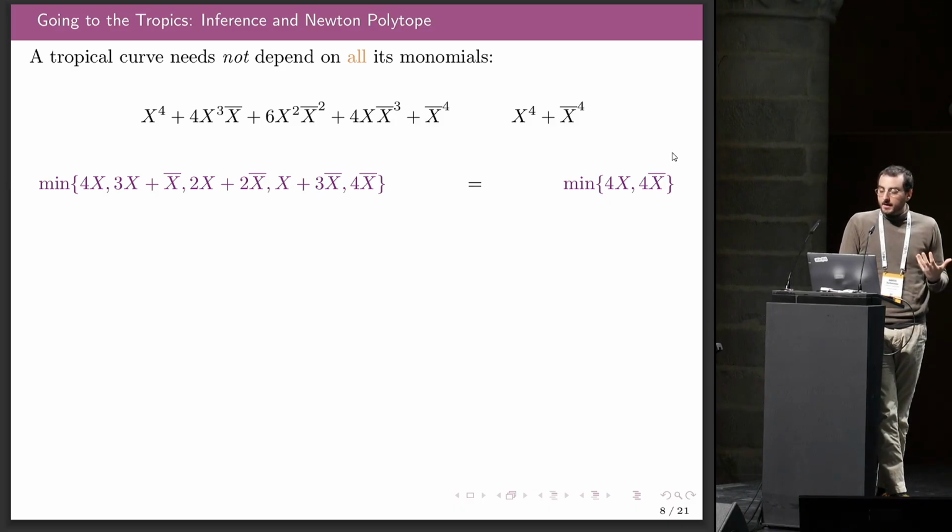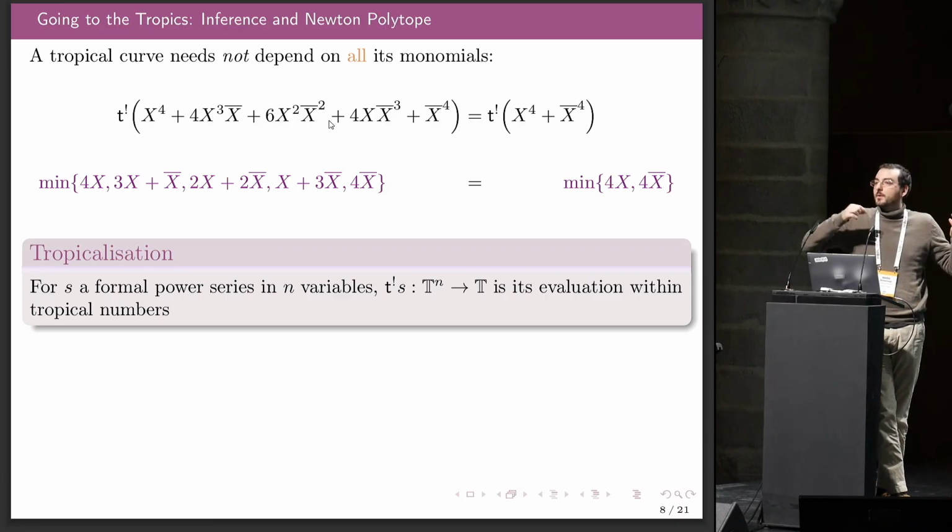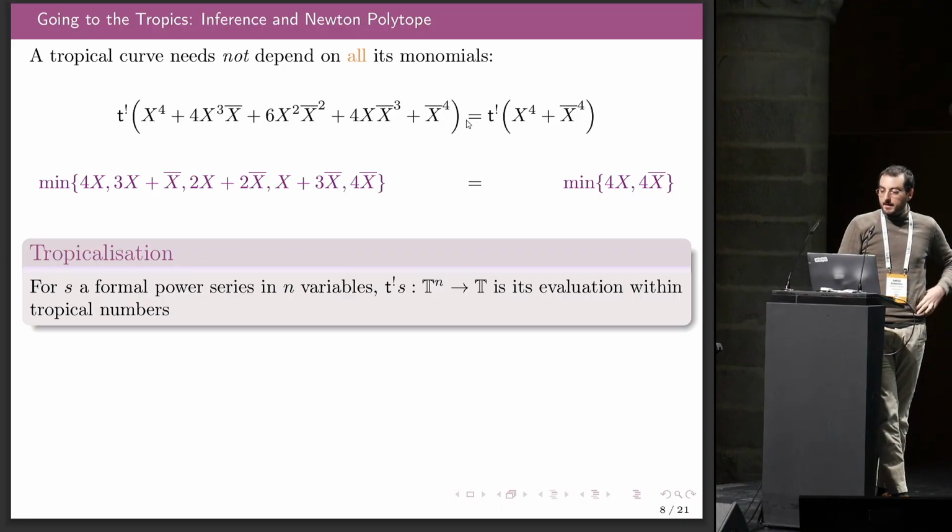And this is why we introduce this notion of tropicalization, which takes a formal polynomial, or in general a formal power series, which is just a formal polynomial with potentially an infinite number of monomials, and evaluates it tropically, on tropical numbers, and considers it as an actual function.